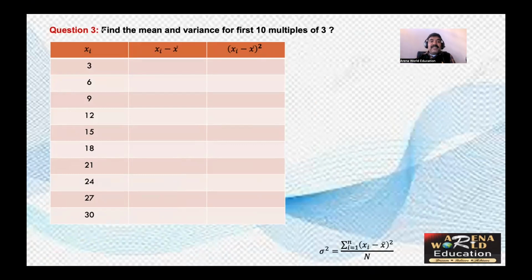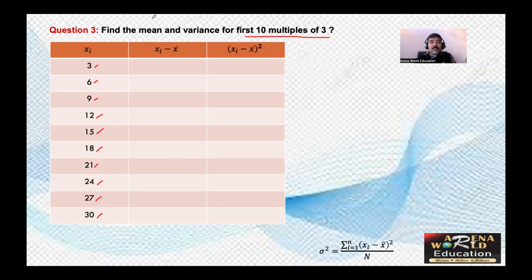Now question number 3 is find the mean and variance for first 10 multiples of 3, right? I have already written first 10 multiples of 3. First one is 3, then 6, then 9, then 12, then 15, 18, 21, 24, 27, and 30. Right?